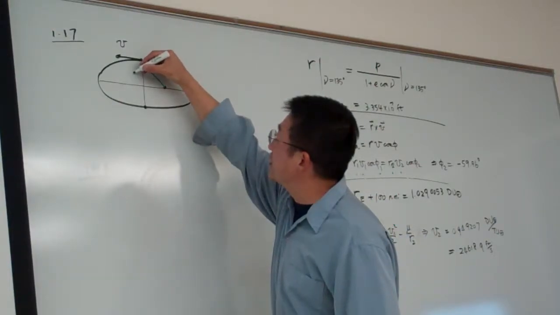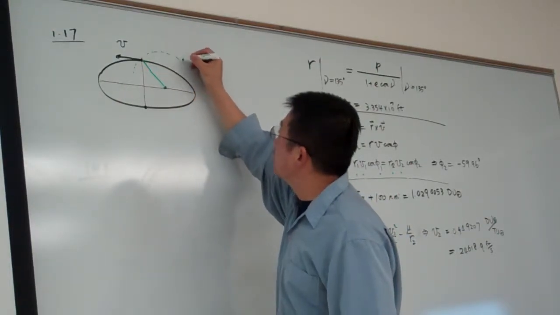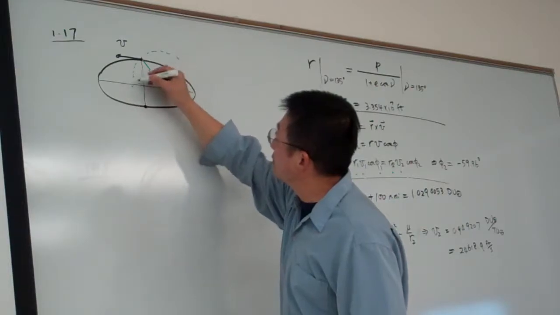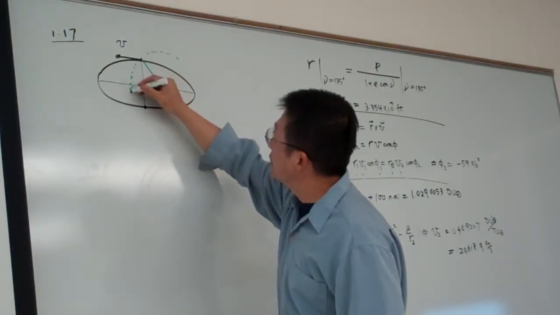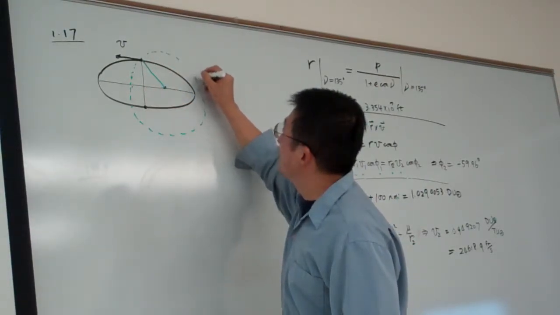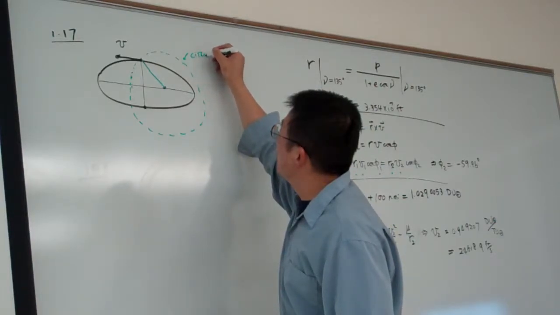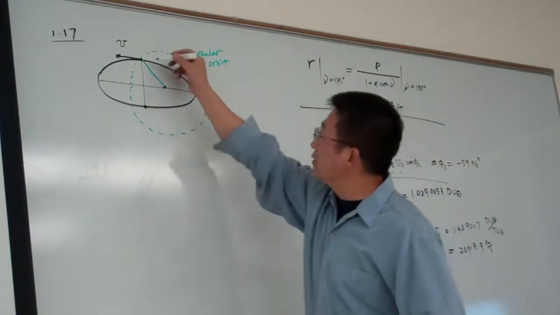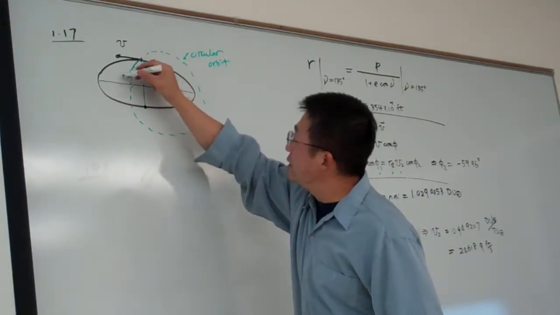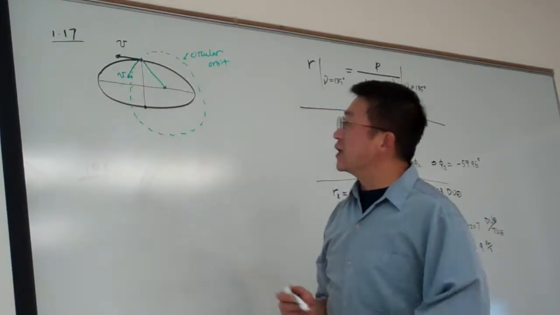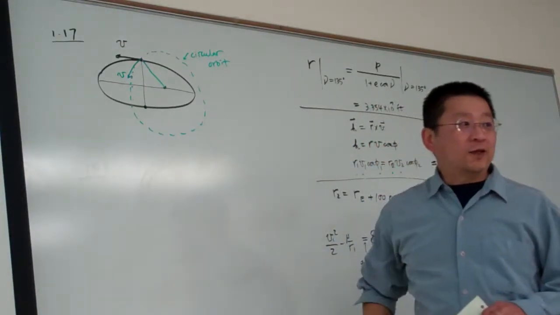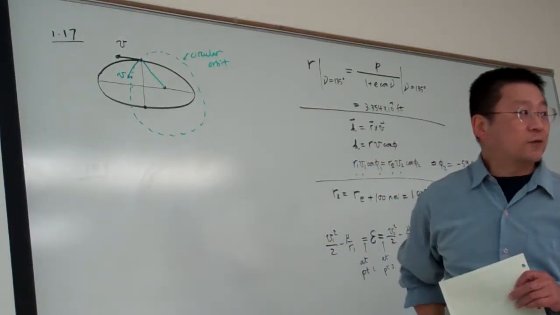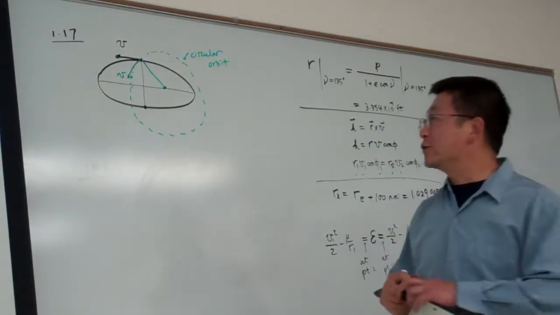So that circular orbit, let me draw it in this way. Here we want to know whether the two expressions of the velocity are equal or not. So that's the statement of this problem. Okay? So we can do this one.